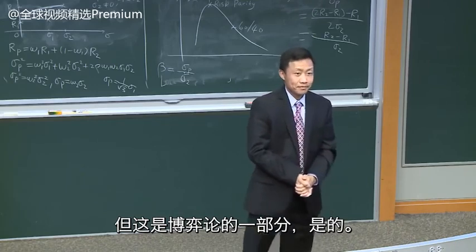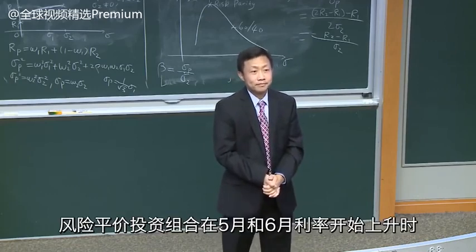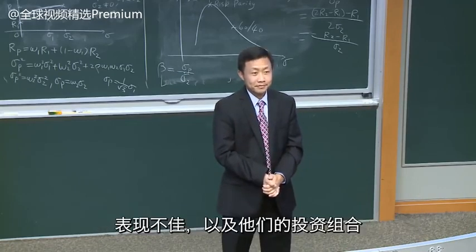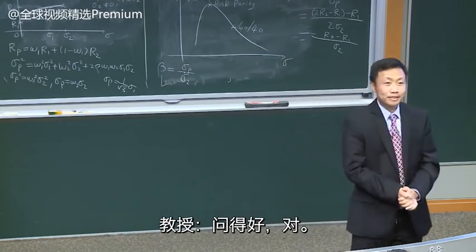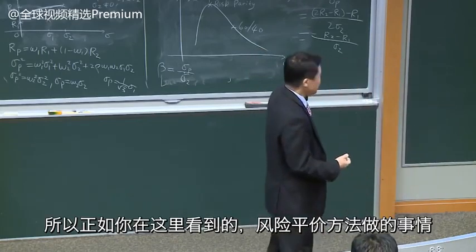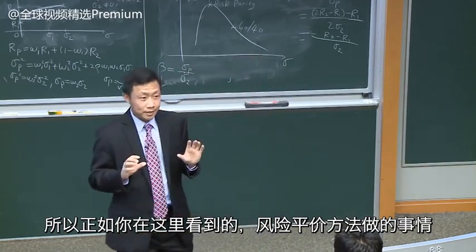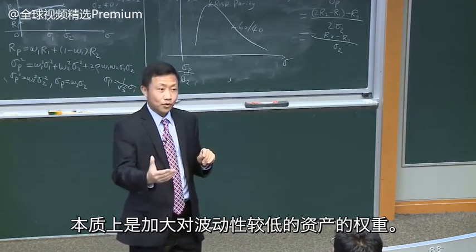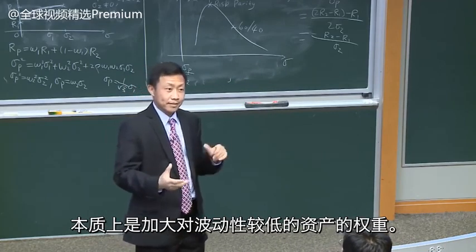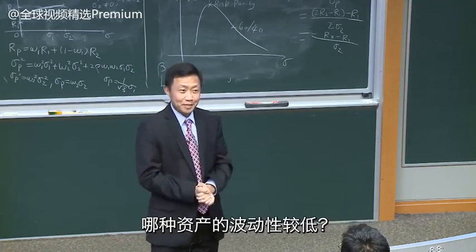Yeah. Dan? Can you talk maybe about why some of the risk parity portfolios did so poorly in May and June when rates started to rise, and what about their portfolio caused them to do that? Good question, right? What the risk parity approach does is essentially weight more on the lower volatility asset. The question is, how do you know which asset has low volatility?